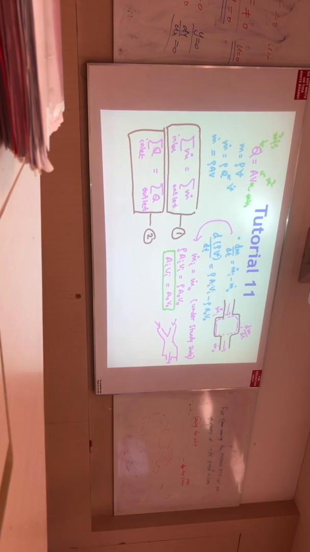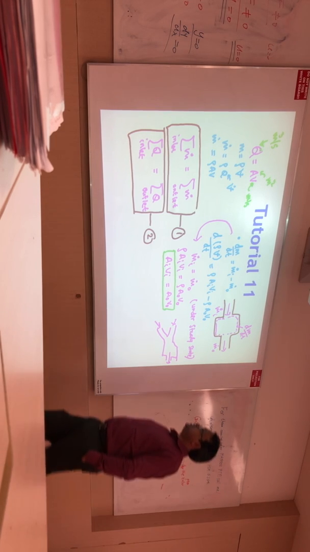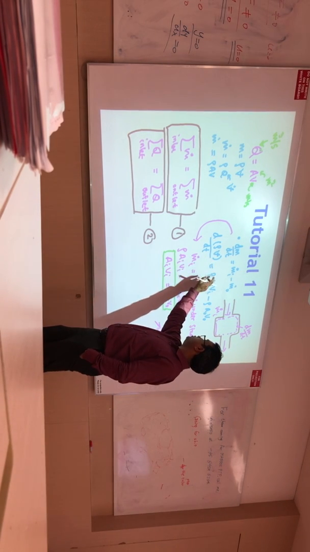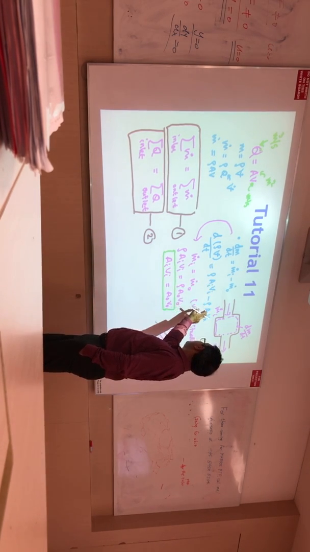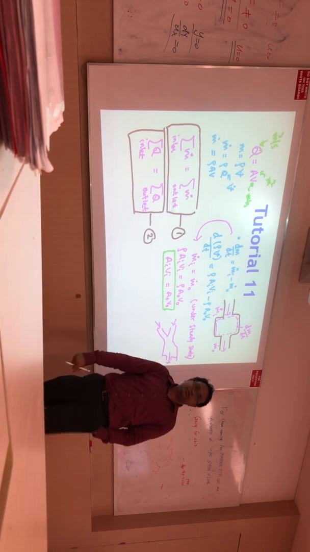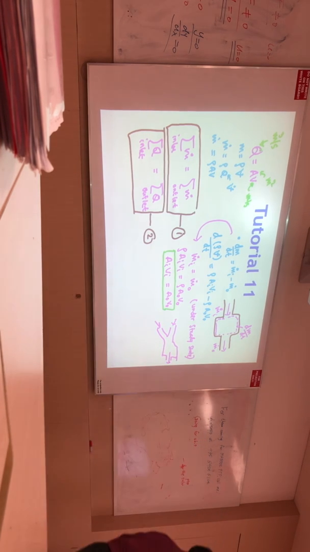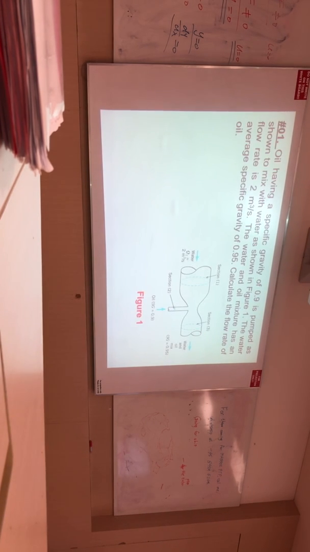And another equation is this one: d(rho V) by dt equals rho A_i V_i minus rho A_o V_o. This is another equation. Okay, so now I am going to show you the tutorial questions and how to solve them.